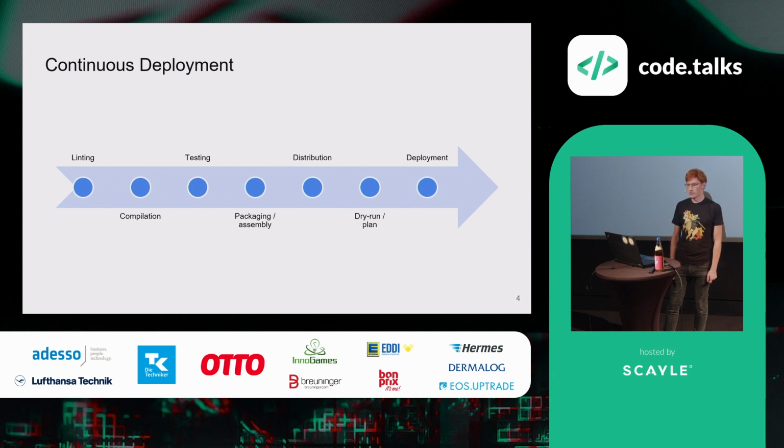Most importantly, when it comes to continuous deployment, of course, we want to deploy the software, right? For example, if we have a microservice, we want to deploy that Docker image to a Kubernetes cluster, some serverless interface, or some VM.